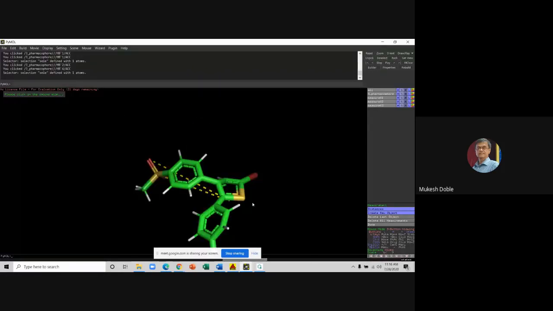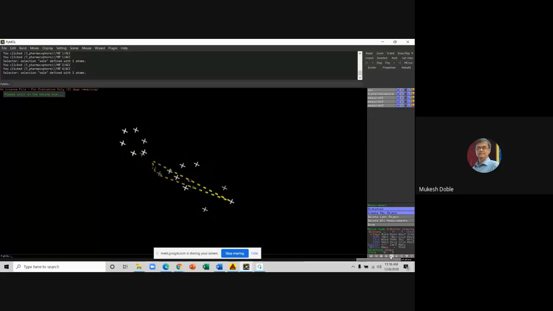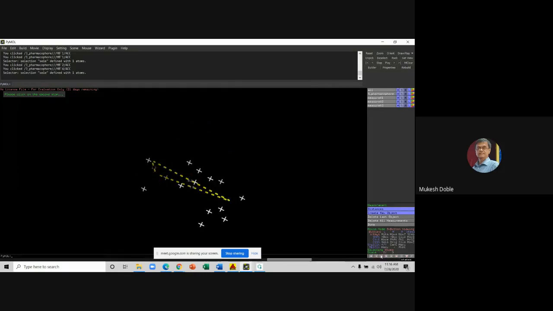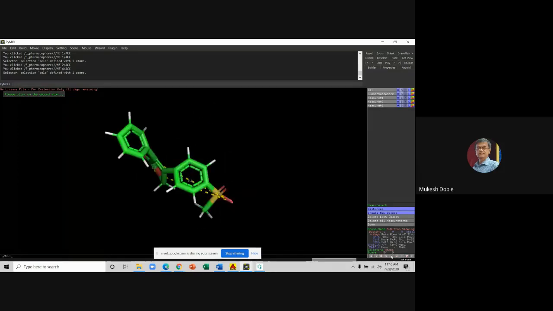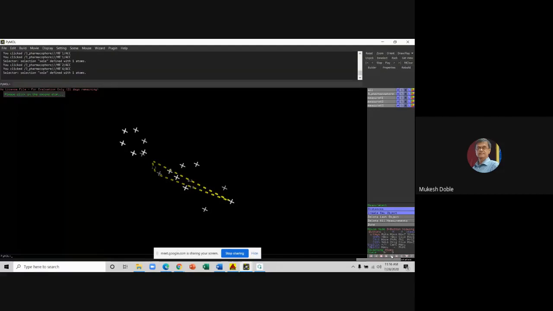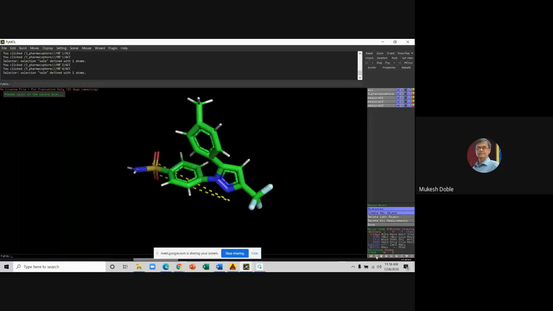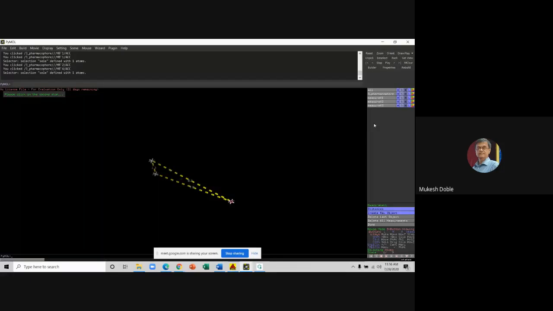We can see the red color here, red color here. They are the oxygens. So we can superimpose each of these four molecules on top of this acceptor, acceptor, acceptor. The blue color is nitrogen, red color is oxygen. So nitrogen is also an acceptor.